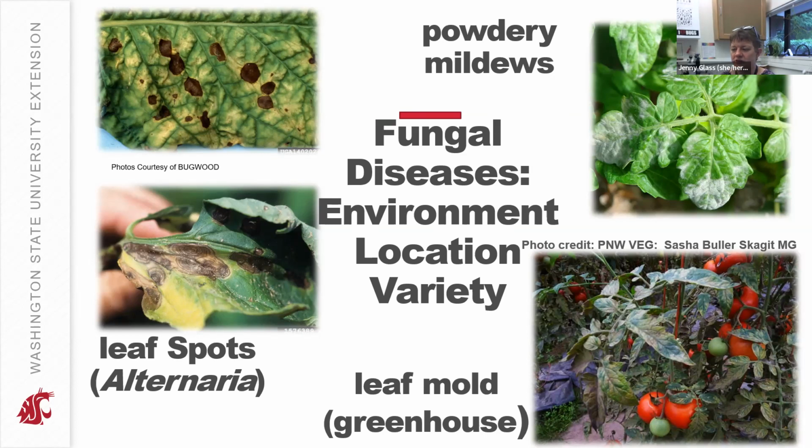The powdery mildew pictured on the top right: there are a couple of different powdery mildews in the state of Washington that will impact tomato. Fortunately, we don't have a ton of problems out in field and garden, but they can be much more problematic when you're growing in a hoop house, or, high tunnel, sorry, that's the word I was going for, high tunnel production.